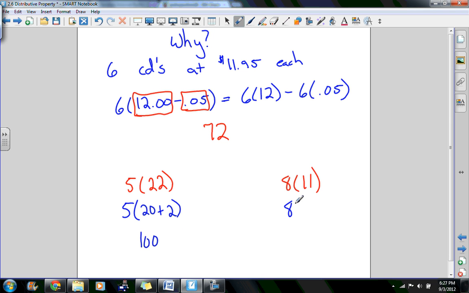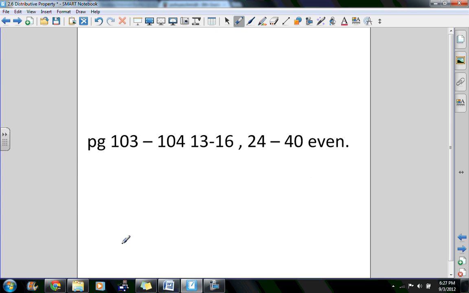You're going to do 8 times 10, and then it's adding the 1. Well, you're going to go 8 times 10, that's 80, so it should be a little bit above 80, or 88 in this case. The distributive property, when you see it on paper, looks really different, but it's something that we do every day in estimation.